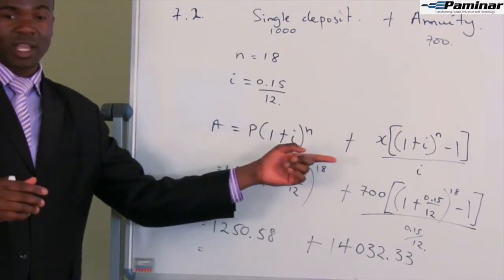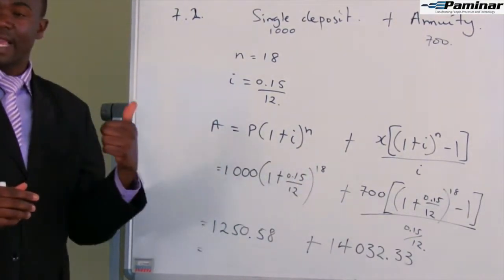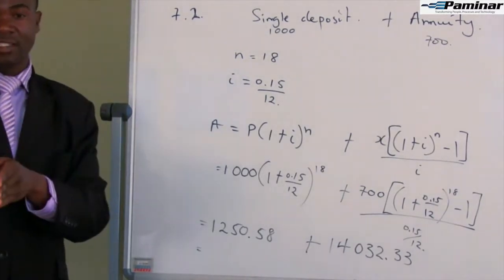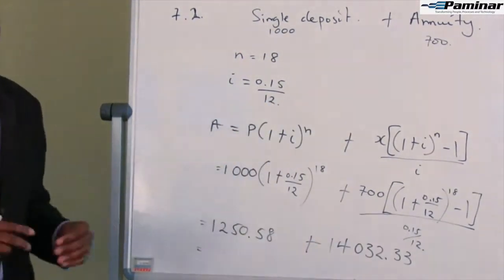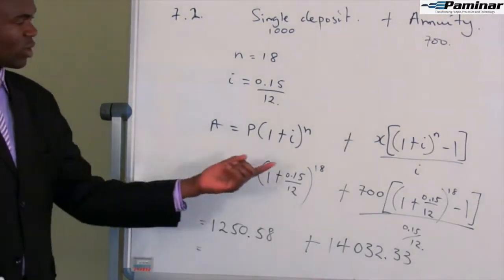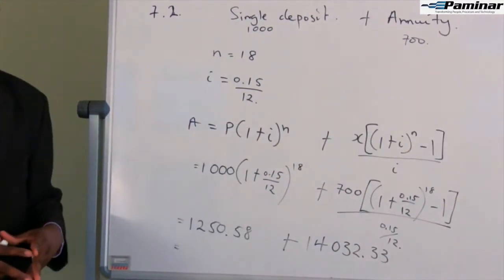So wherever there's I, you divide by 12, and wherever there's N, you multiply by 12. In this instance it's monthly, so it's alright, because we're going to say 18 over 12 times 12. Those 12 cancel each other and you remain with 18.